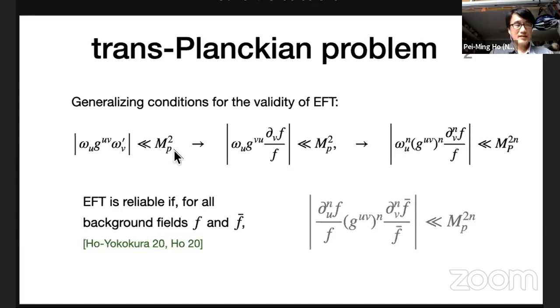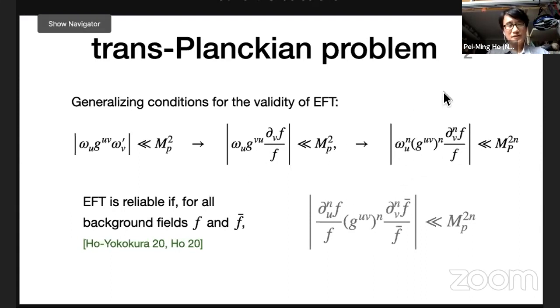But more generally, if you have a background characteristic function f, which has some v dependence, then you also need this combination to satisfy the same constraint, because omega prime v is such a quantity. So whenever you have characteristic length or energy scales composing an invariant quantity which goes beyond the Planck scale, then you are in trouble. Otherwise, you are fine.